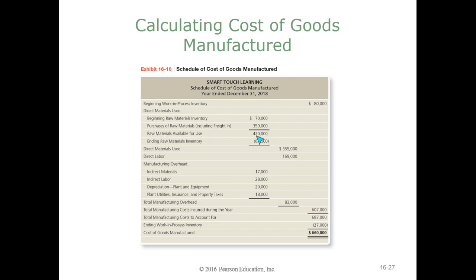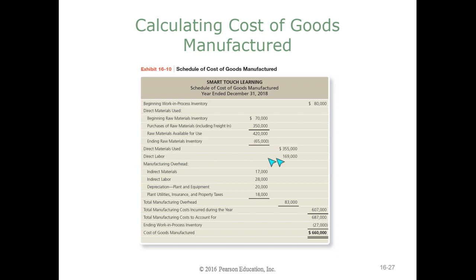So we have a total available of 420,000. And then we ended with 65,000. So that means that we used the difference, which is 355,000, the difference of the two.